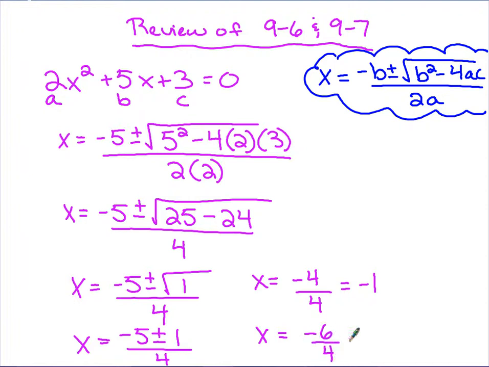And -6 divided by 4, we can at least simplify it to this. So your two solutions, like if you were to graph this quadratic, like put it in your y equals, and look at the graph to see where it crosses, it would cross at -1 and -3/2.